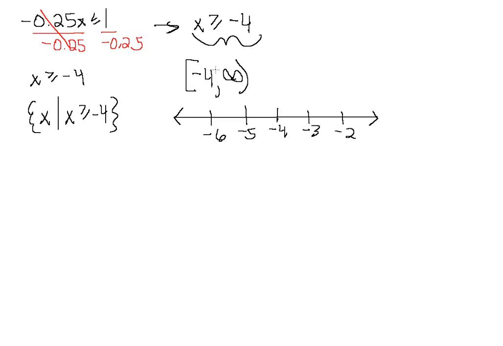Okay, so we're including minus 4 in our solution set, so we have a bracket here that we're going to put at minus 4. And we're shading to the right, so it's going to open to the right. And we're including all the numbers greater than minus 4 in our solution set, so we're going to shade to the right. And that is our four different types of notation for the solution set of this inequality.